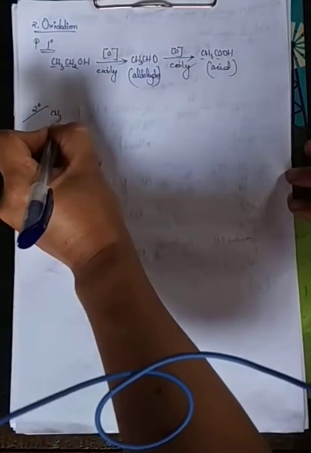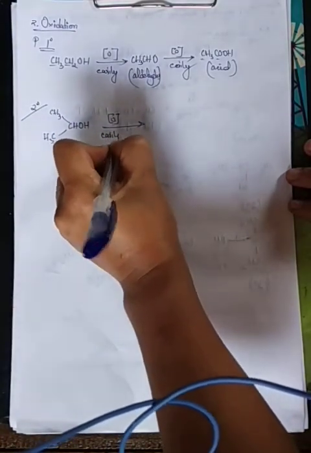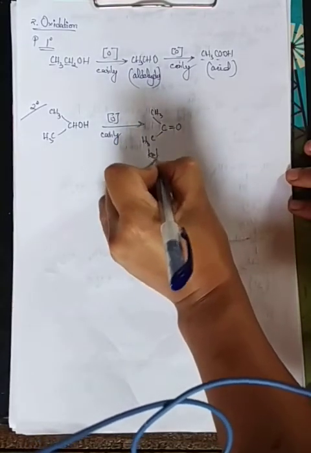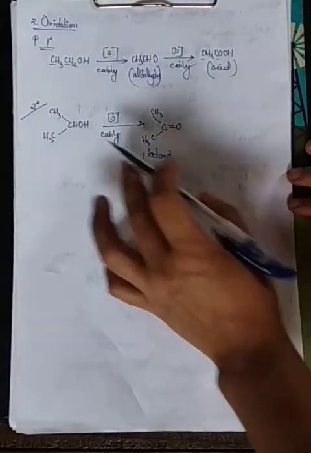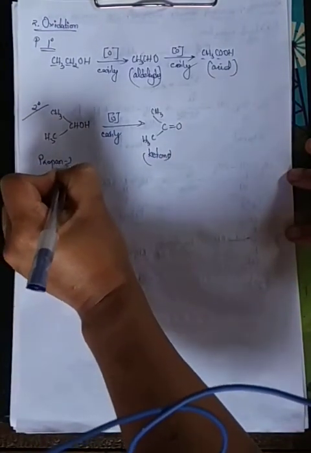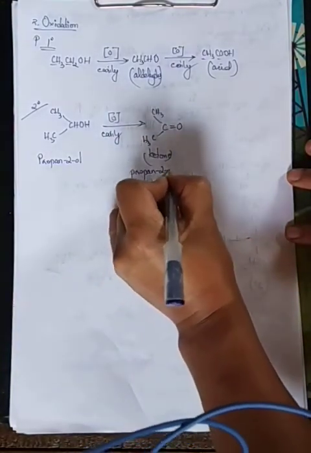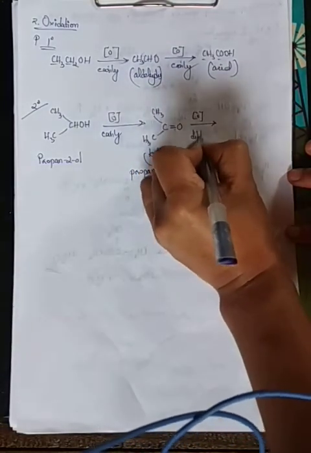Now secondary alcohol, let's take our secondary alcohol. It will undergo first oxidation easily to give us a ketone, and the ketone has the same number of carbon atoms as the alcohol. If we take this as propan-2-ol, it will give us propan-2-one. Now, further oxidation of this ketone is a little difficult.